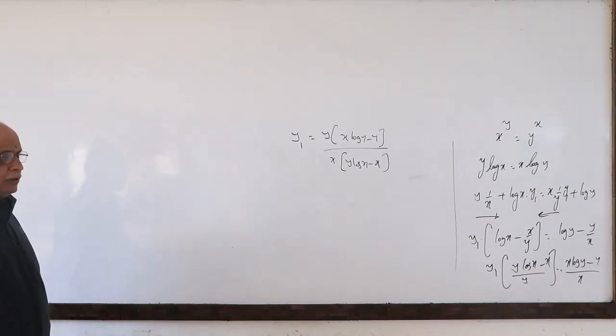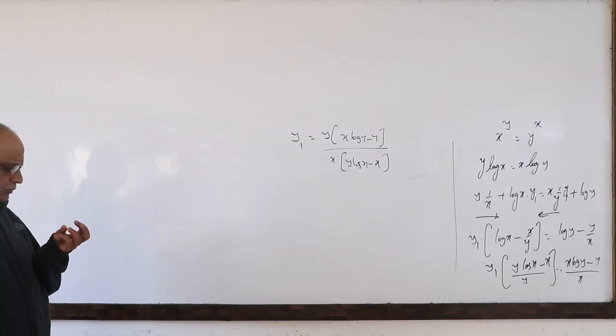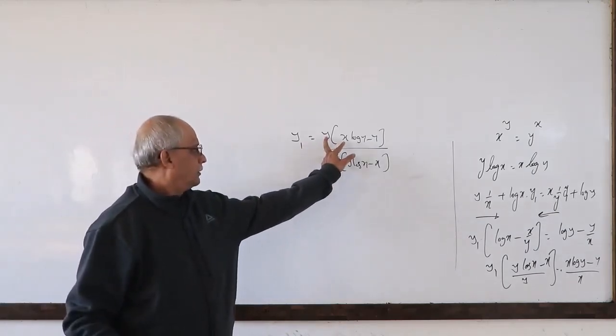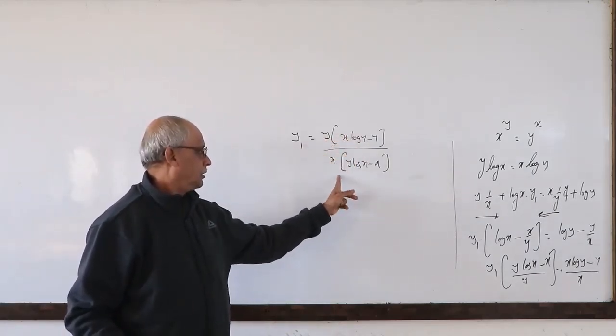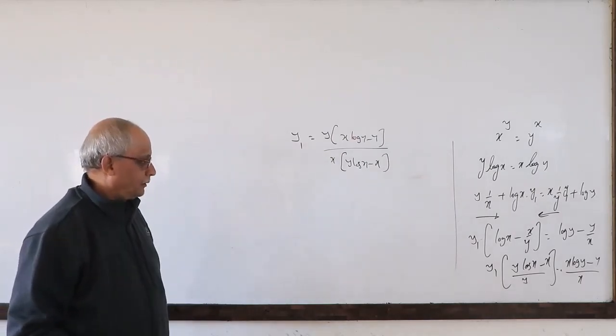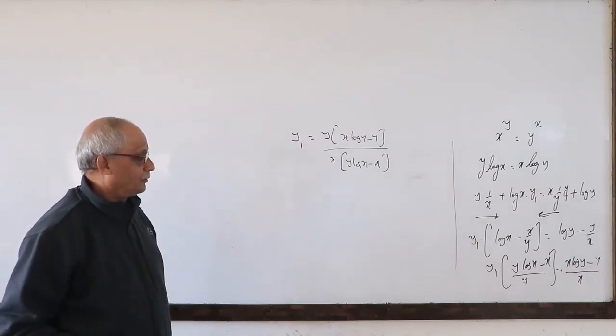The answer is finished. One observation I will tell you, a very important secret. In the numerator, change x and y and you will get the denominator. Interchange x and y.